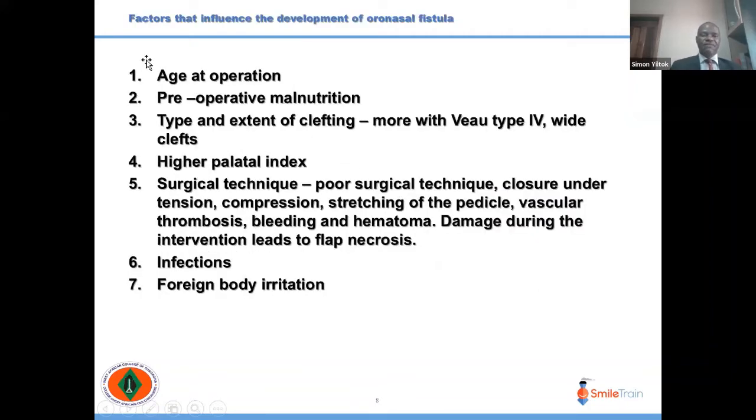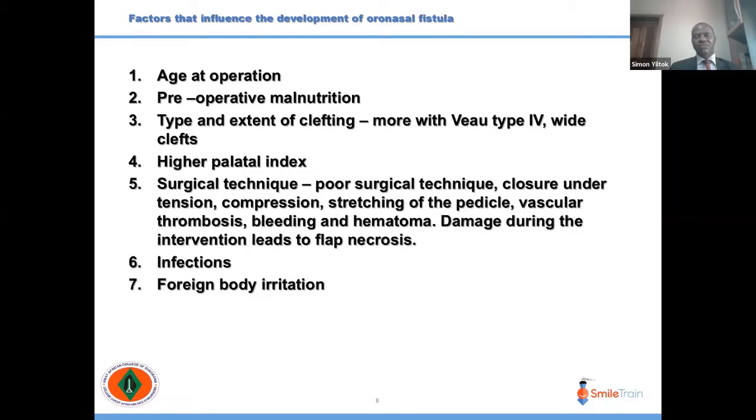So, what are the factors that influence formation of fistula? The age of operation, if you do it too early. Preoperative malnutrition in poorly nourished children, especially in an environment where a lot of them do not have the best nutritional status.